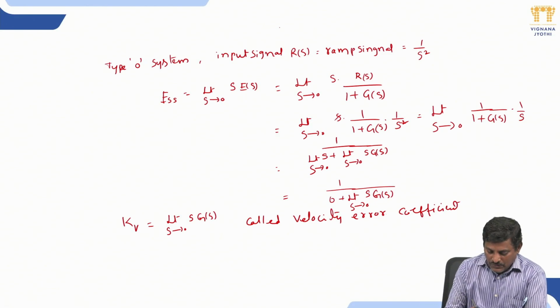This Kv is called the velocity error coefficient.